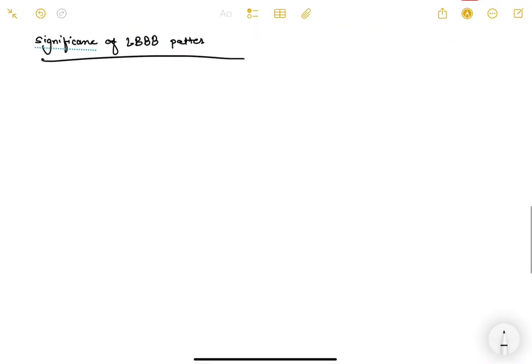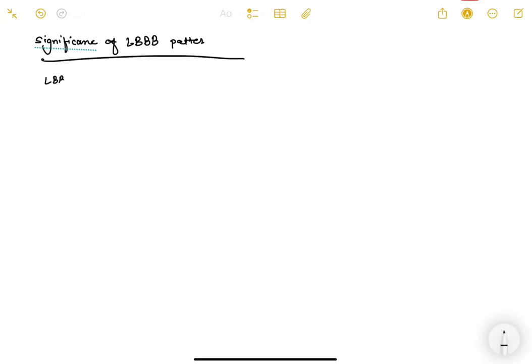Okay. Now let's study why we need to understand this LBBB pattern. What is the significance of the LBBB pattern? Normally, the ventricle and septum contract synchronously so that we can get a good stroke volume and good output.